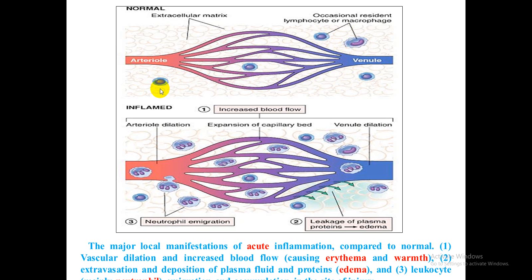While at the inflamed area, the vascular bed will undergo dilation, including arterial dilation and expansion of capillary beds, and venular dilation, resulting in increased blood flow to the site of inflammation and giving the area a red color.